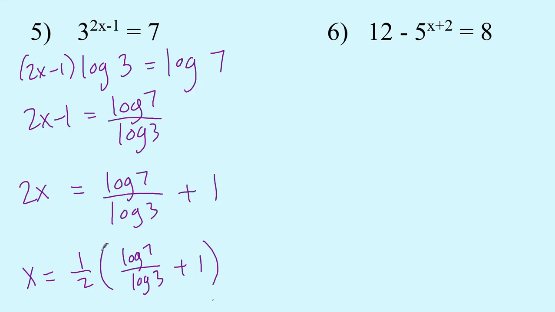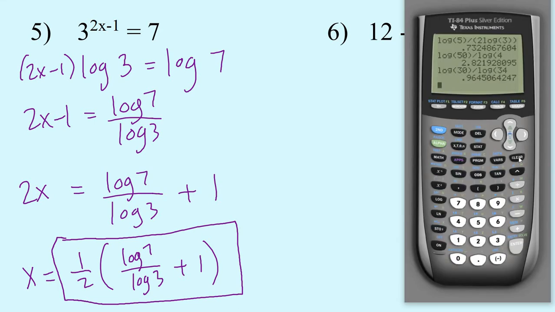Now this is something I would be looking for in your work. This is going to be pretty hard to type up on Canvas, so make sure you're showing this step. This is your calculator ready form. This is essentially what you would do. First we did log 7 divided by log 3.